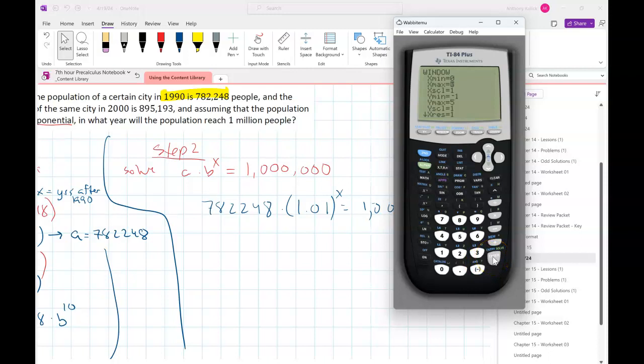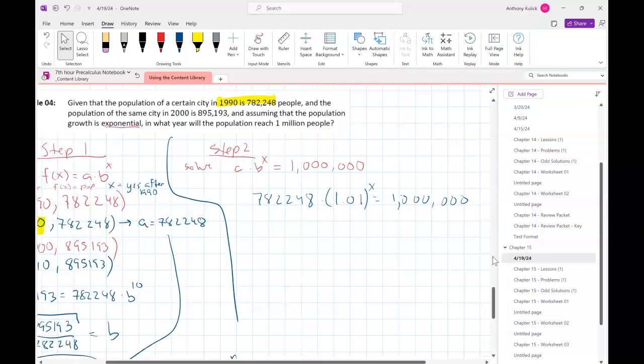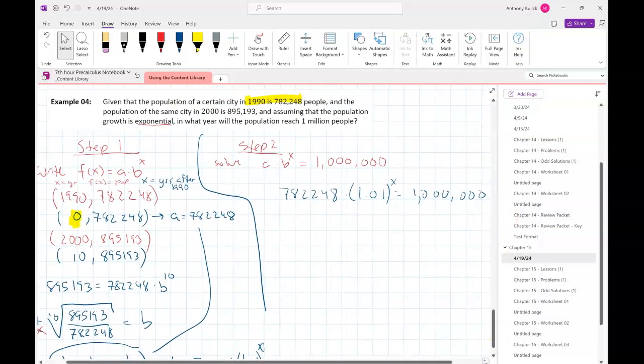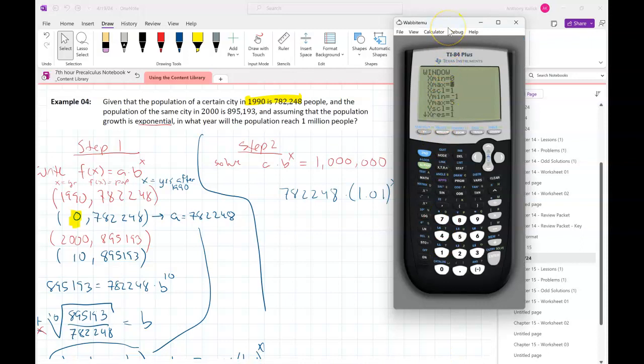X max has to be more than what number? Well, of course, it has to be bigger than the X-min, but it also has to be bigger than 10, because at year 10, I'm still not more than 1 million. So I'll pick something bigger than 10. Maybe I'll pick 30.